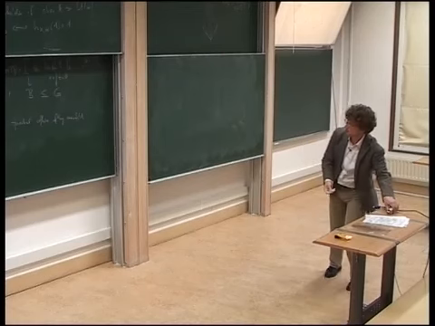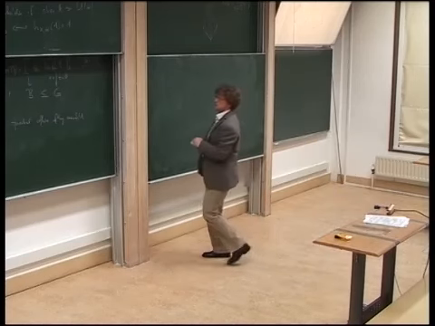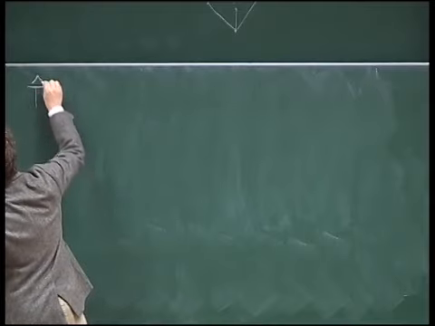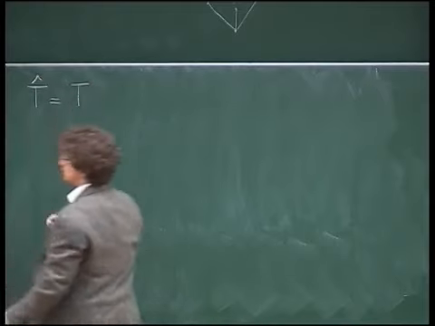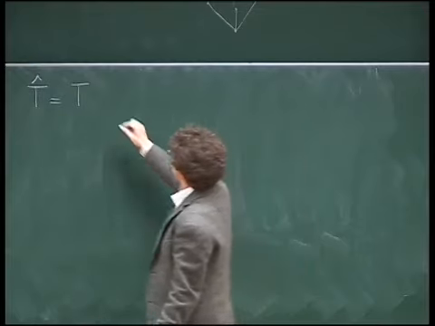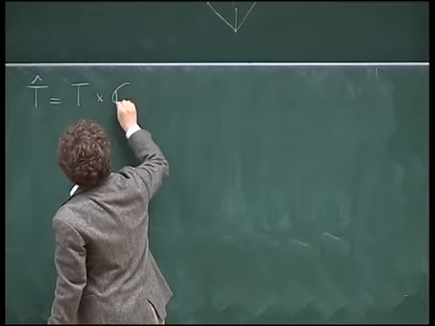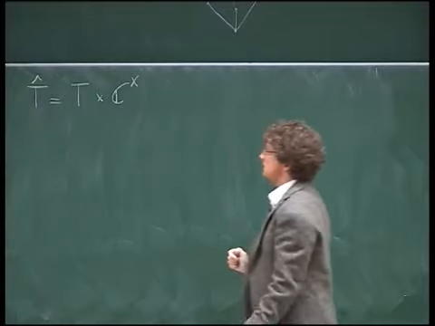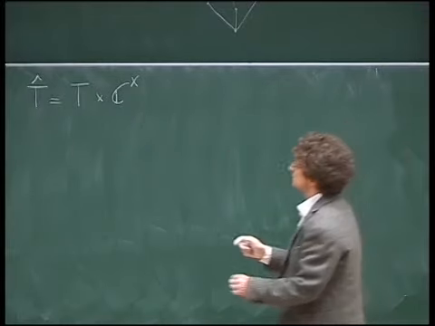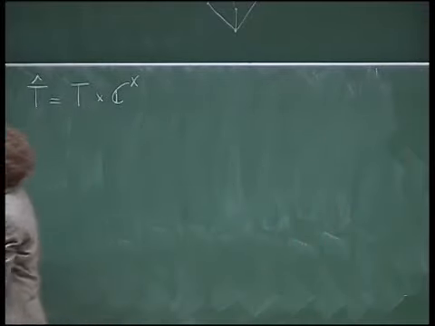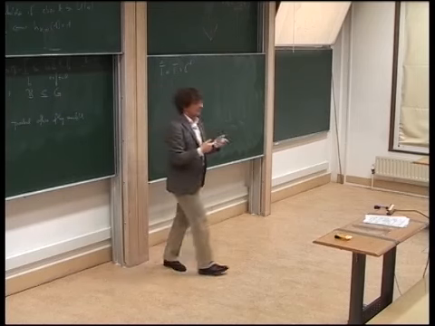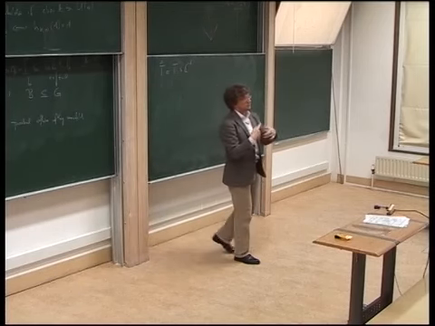And then there's a torus acting on these spaces, namely the extended affine torus. So this is the torus we started with, cross another copy of C star, which acts on the group, and the other copy of C star rotates the loops.